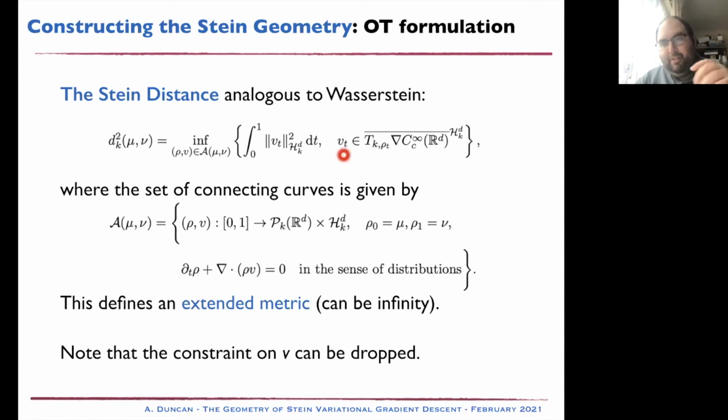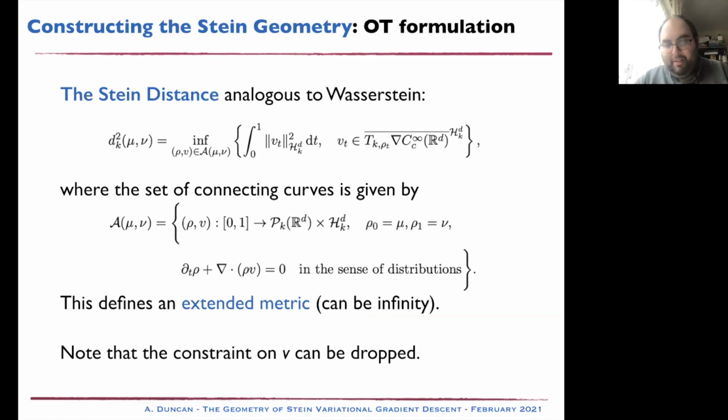If you imagine V_t is like your search space for flows which take you from mu to nu, then at every point you have a lot less options to take. And because of that, there might be situations, although I'm not saying they do exist, where there's no way to go from mu to nu. In that case, we say that the distance is infinity. So we've not proved that it's a metric, we proved that it's an extended metric, so it can be infinity.